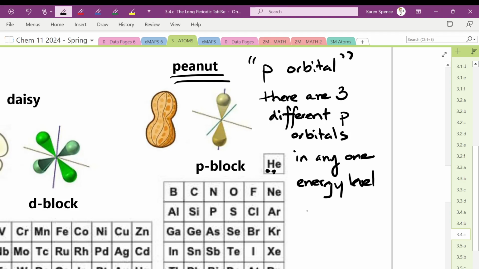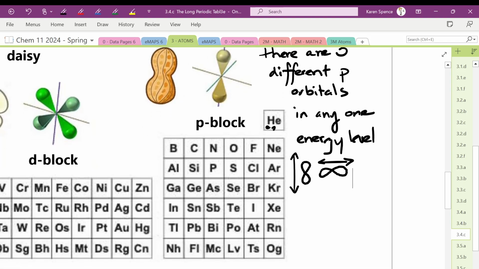So you actually have one that goes this direction, up and down. You have one that goes left to right, so they're at 90 degrees to one another. Can you guess which direction the third one goes? If you've got one going like this and one going like that, which way does the third one go?